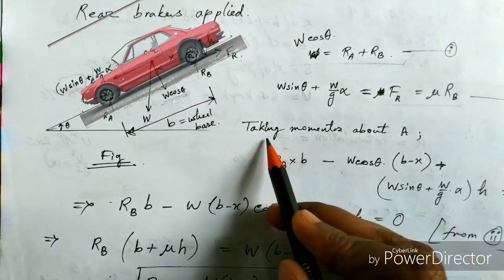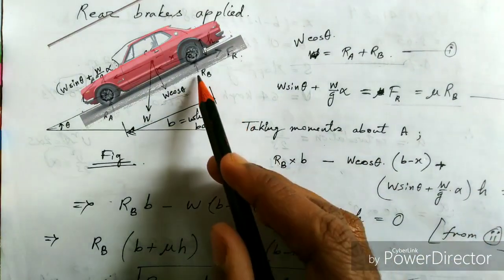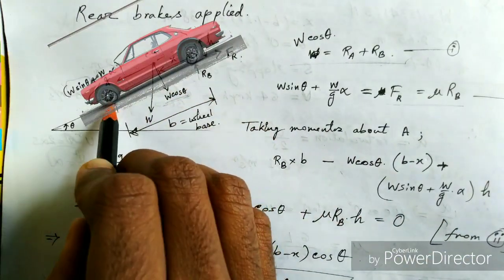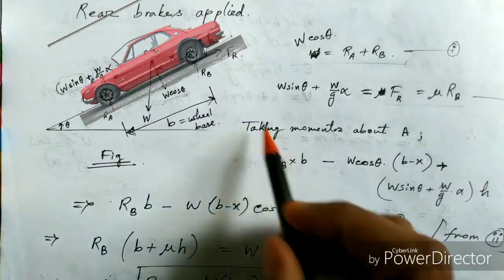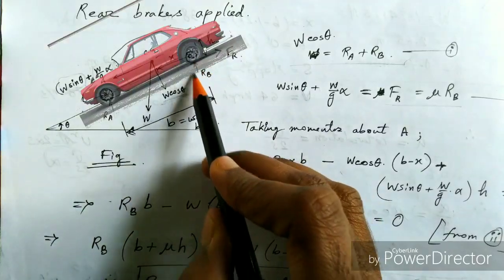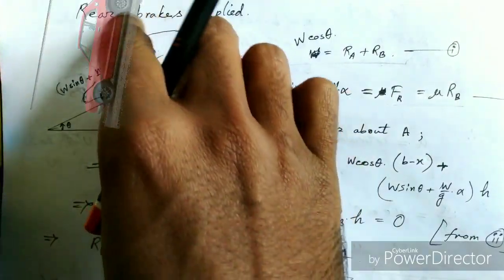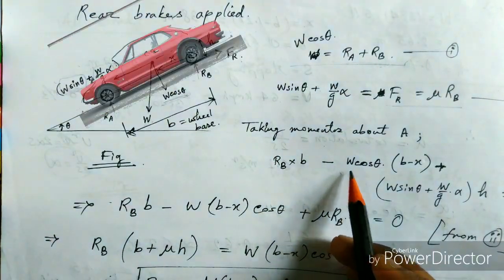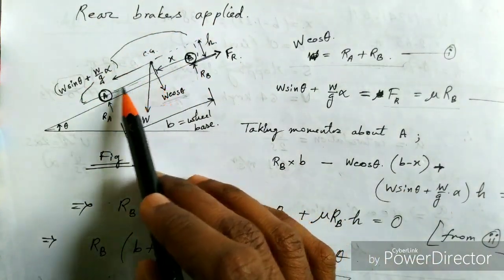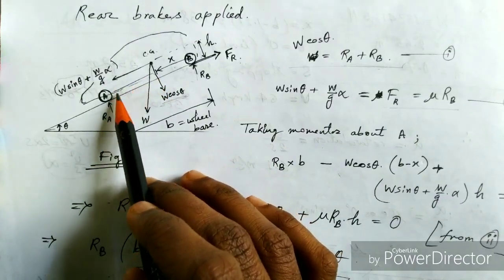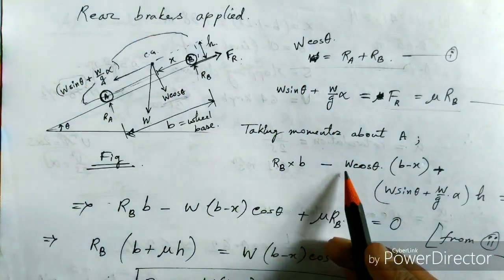Now if we take moment about A, we are taking this point A and trying to get the moment about A. So Rb times B, where B is the wheelbase, tries to tilt the vehicle anti-clockwise, and W cos theta into B minus X, so this length is X, B minus X. Now W cos theta into B minus X acts clockwise, so hence it has a negative sign.